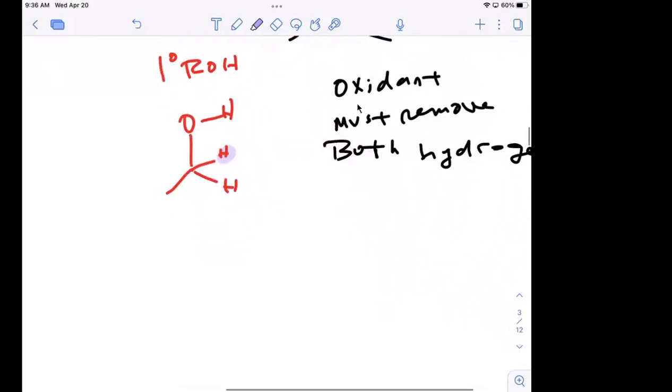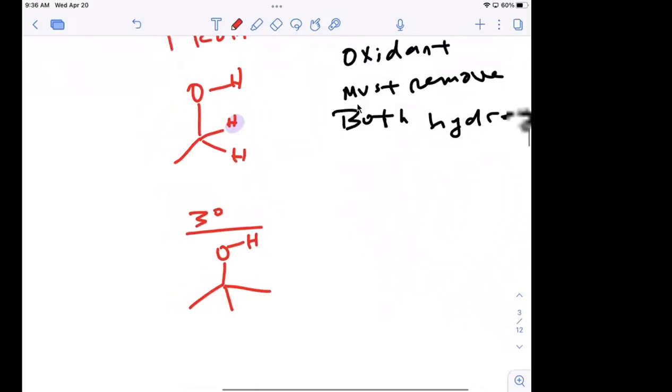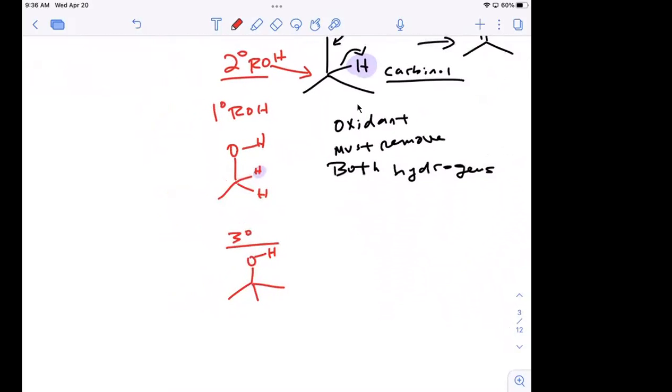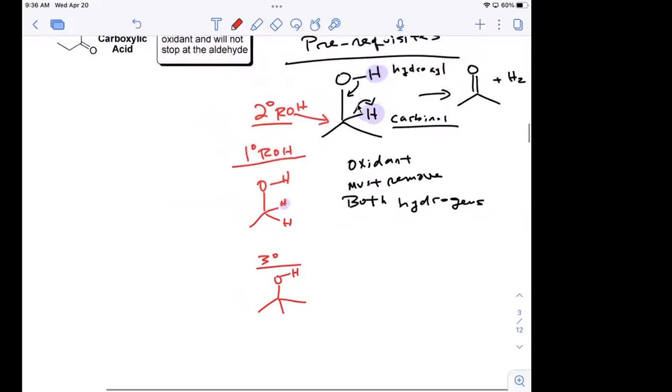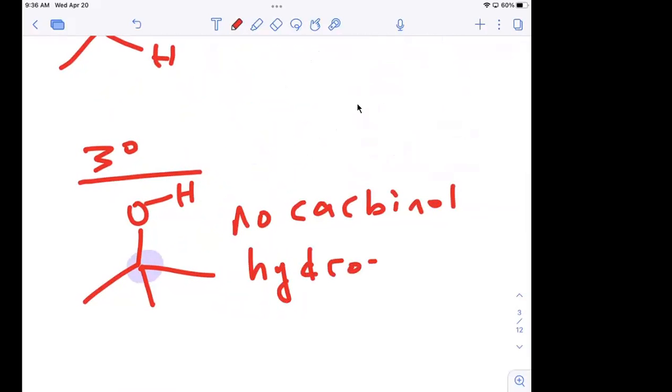But if you have a tertiary, you'll see a problem right away. If this is tertiary, what am I missing here for that tertiary alcohol? The carbonyl proton. There's no carbonyl proton. You're missing that hydrogen that would be here. So you can't oxidize.